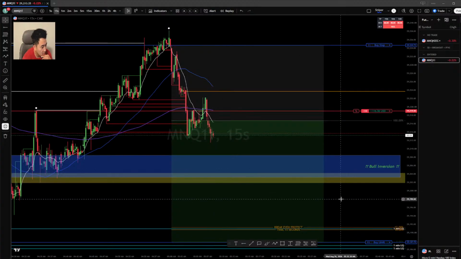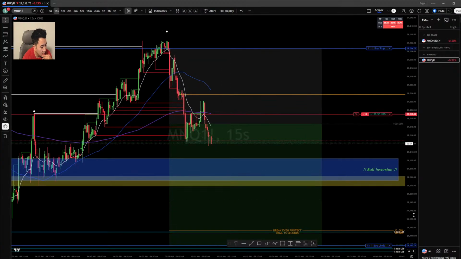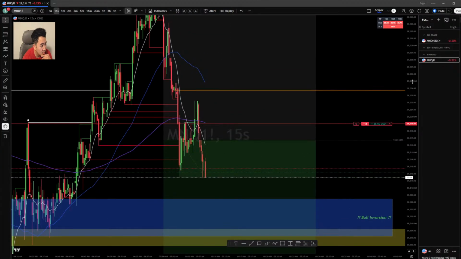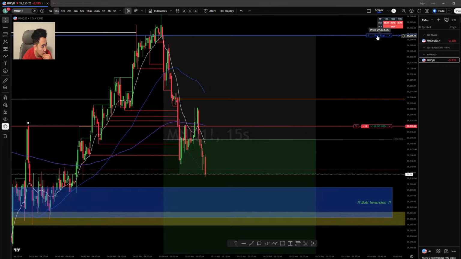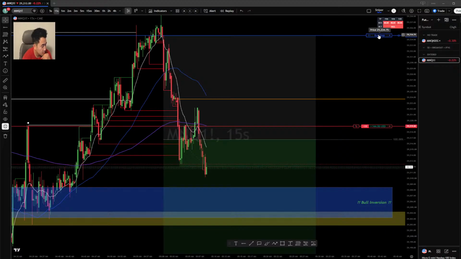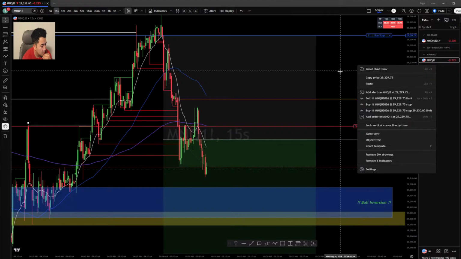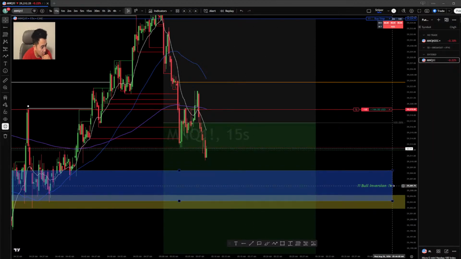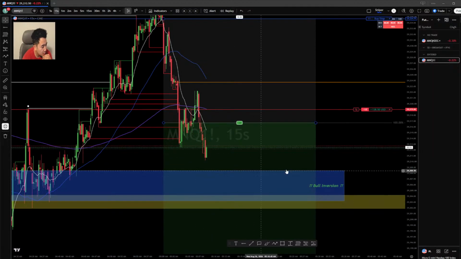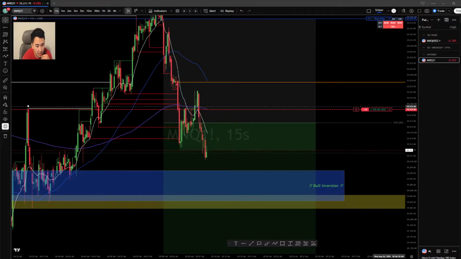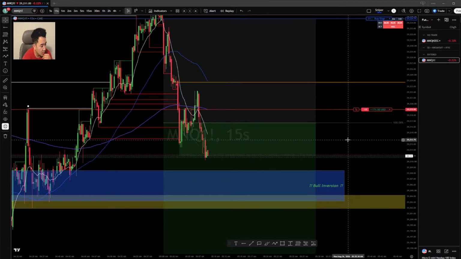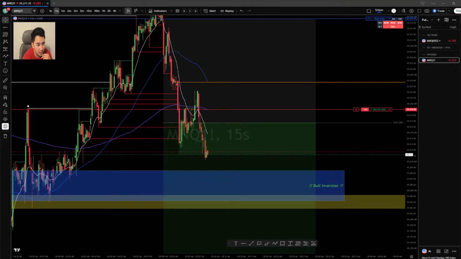If it could push as far down as it can, that'll be good. So we could be at least in a little bit of profit. Sorry, I'm going to trail the 1-minute candle off of this bullish inversion, and then once it hits this gold line, I trail the 15-second.